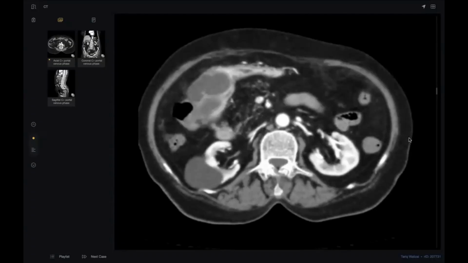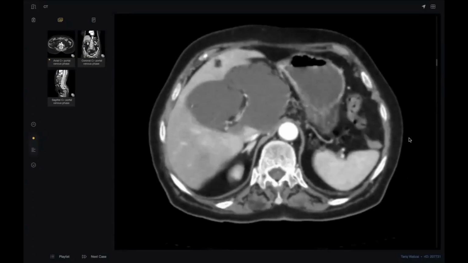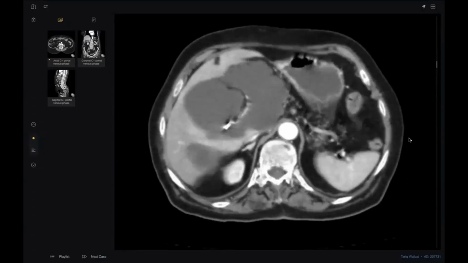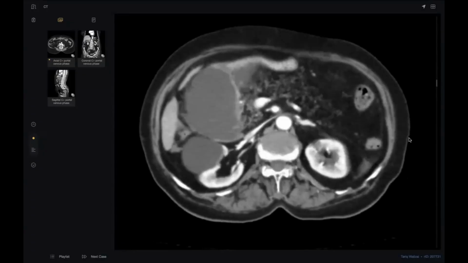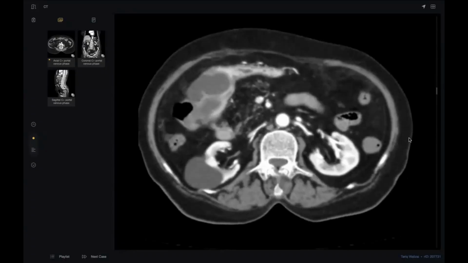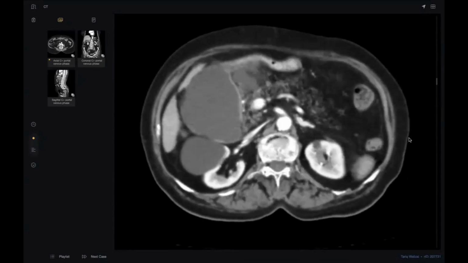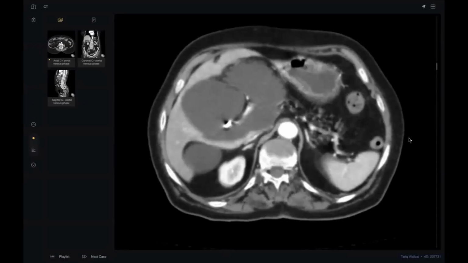So you can see the cholecystectomy clips, and there are adjacent multiple pockets of collections seen at the gallbladder fossa, with adjacent stranding. The pancreas appears atrophic.